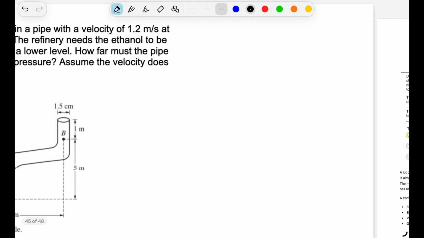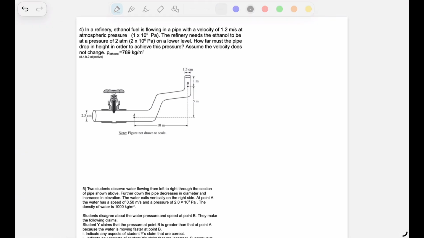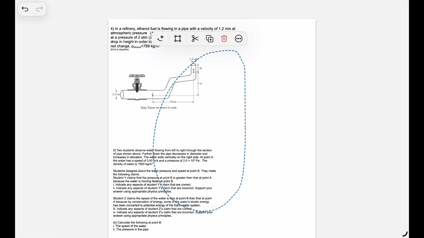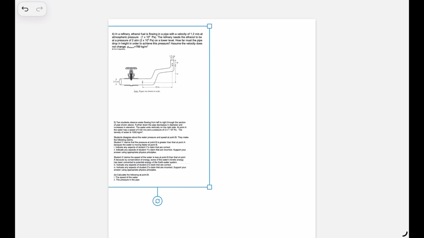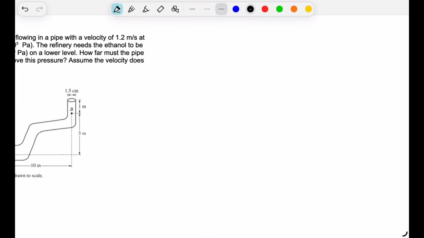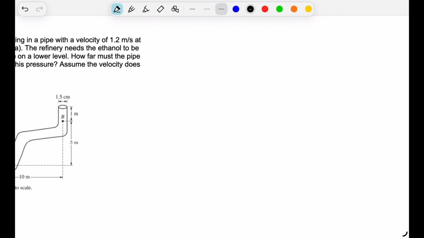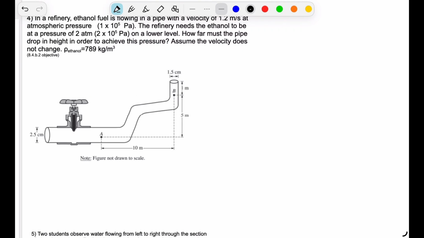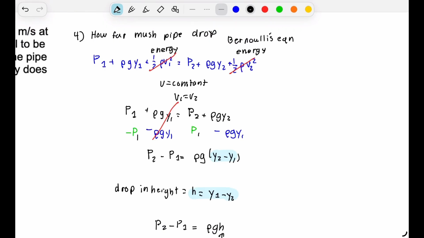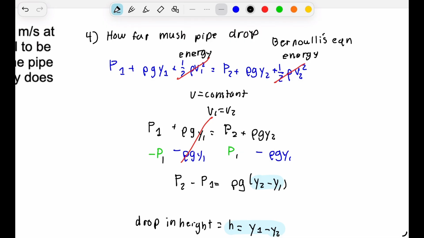So we're going to use Bernoulli's equation, and let's make some room here. So we're going to have Bernoulli's equation where we have energy. So we have P1 plus rho g y1 plus 1/2 rho v1 squared is equal to P2 plus rho g y2 plus 1/2 rho v2 squared.